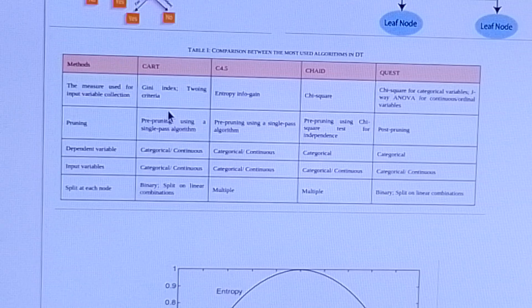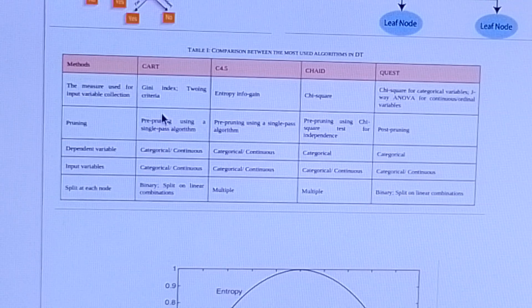For example, we have conducted a survey on the consumption of a particular item to know its worth in the market. The outcome, yes or no, is dependent on the variable values of x1 and x2.